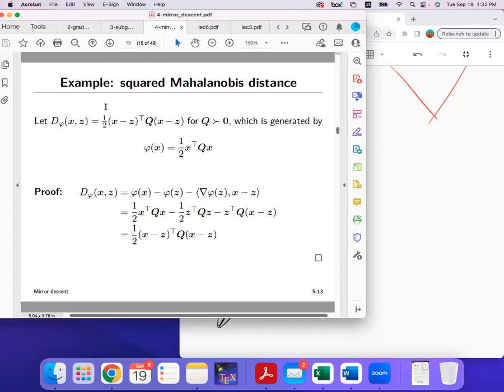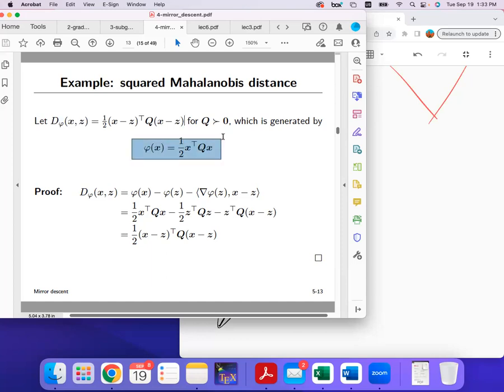Previously we have looked at this kind of rescaled distance. This is a distance metric scaled by a matrix Q, where Q is positive definite. This distance can be generated by the Bregman divergence with such a phi.